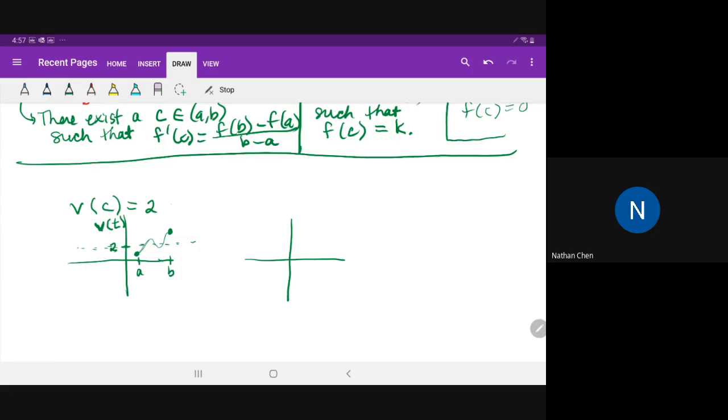But if you looked at V of C as S prime of C equaling 2, maybe you would like to use the mean value theorem. And the mean value theorem, if it's a derivative, then you would use it on the non-derivative one.